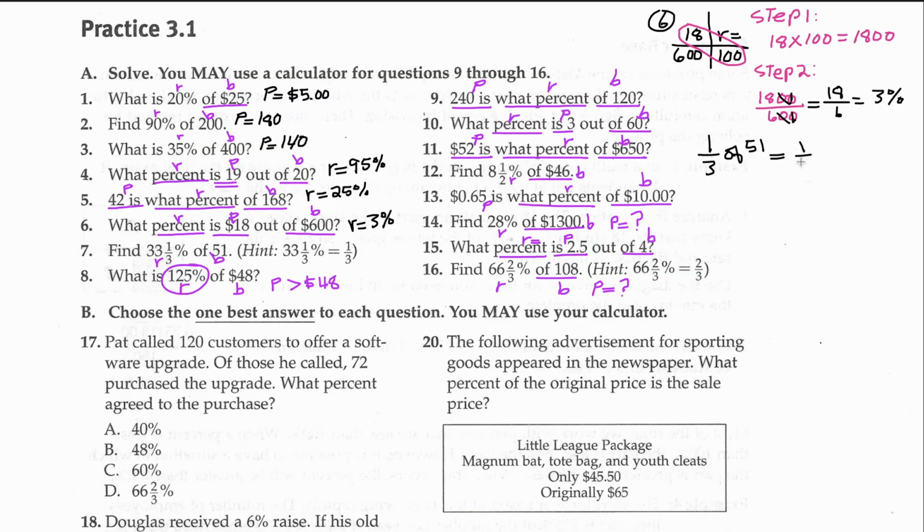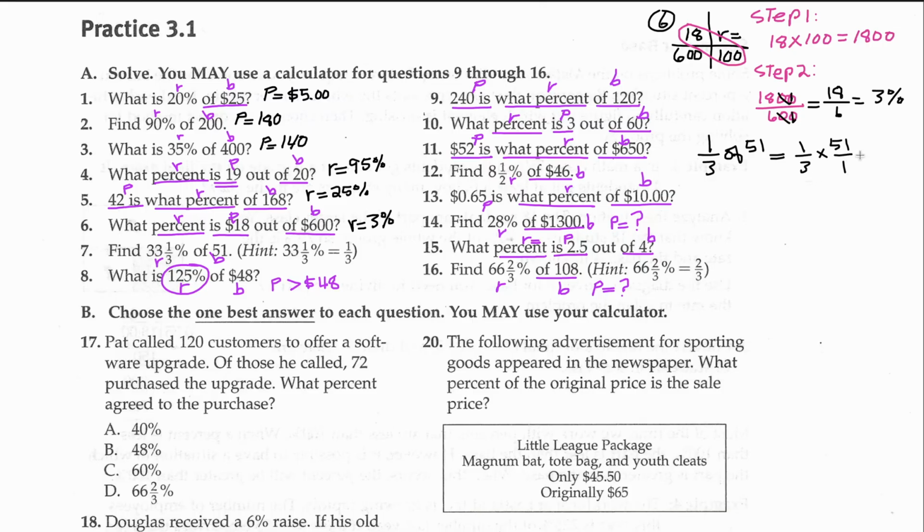When you see of, that means multiply. So 1/3 multiplied by 51 over 1. Why is there a 1 underneath 51? Because 51 is a whole number. A whole number is understood to have a 1 right below.